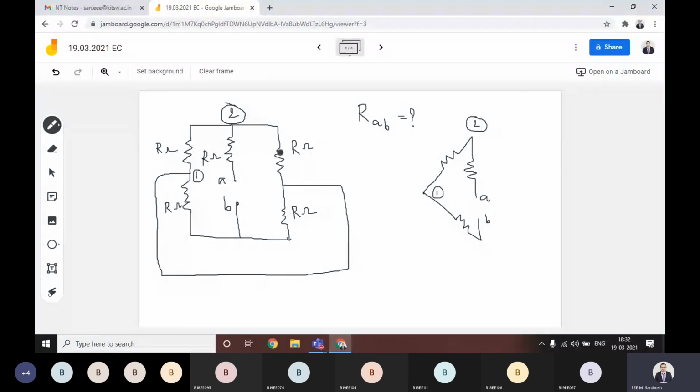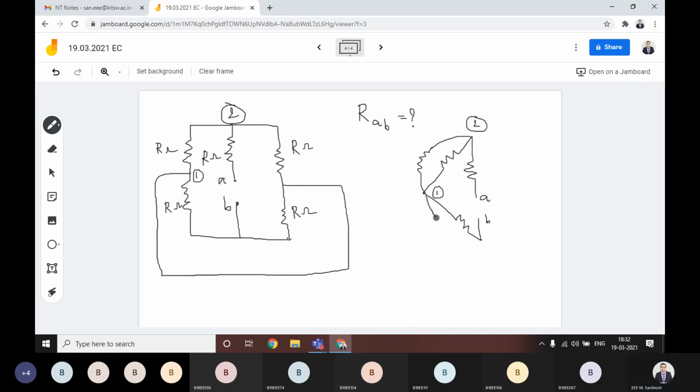From the second point the connection is directly to one resistor. Like this one resistor is connected, right?